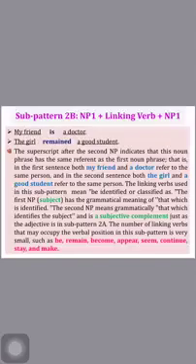So the superscript after the second noun phrase indicates that this noun phrase has the same referent as the first noun phrase. That is, in the first sentence, both my friend and a doctor refer to the same person. And in the second sentence, both the girl and the good student refer to the same person. The linking verbs used in this sub-pattern mean be identified or classified as. So again, the grammatical meaning of the elements of this sentence are the following.